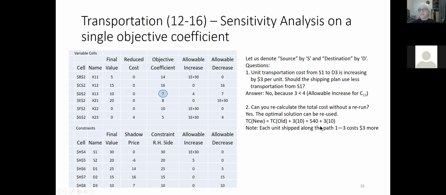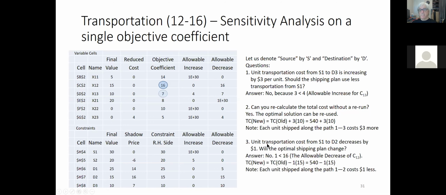So you have a $3 increase times 10 units, and this gives you the optimal cost. If you changed in the input this 7 to 10 and reran Solver, you'd get a new total cost equal to 570, but the transportation plan will be the same. So this was the first thing that we mentioned last time.